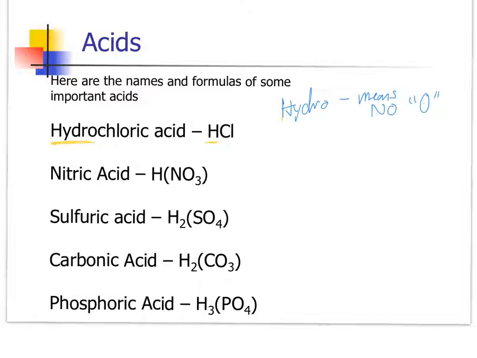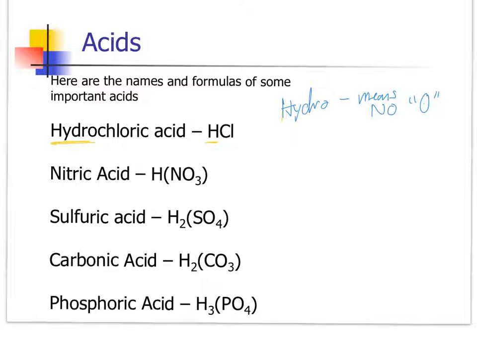Most all of the group 7 elements form a hydro acid. Most of the other acids that we see will be ones that are formed from polyatomic ions. Now, most of the polyatomic ions have oxygen present, and that is why, if you notice, nitric acid does not have that prefix.